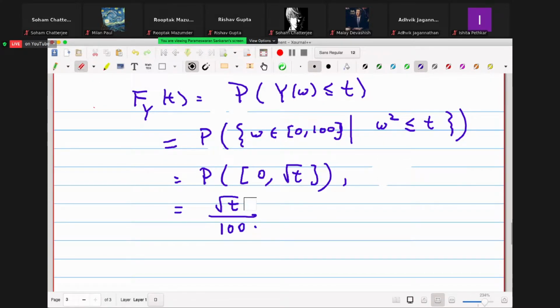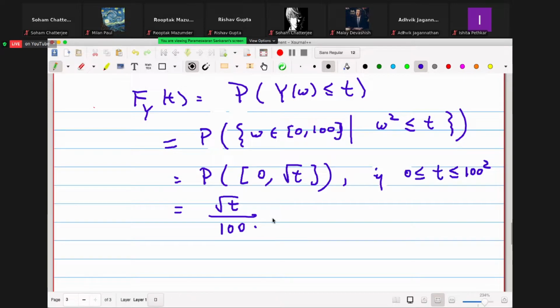So let me write that here. If 0 is less than or equal to t less than or equal to 100 square, whatever that is, 10,000, in which case it is this, and F_Y of t equals 0 if t is less than 0.